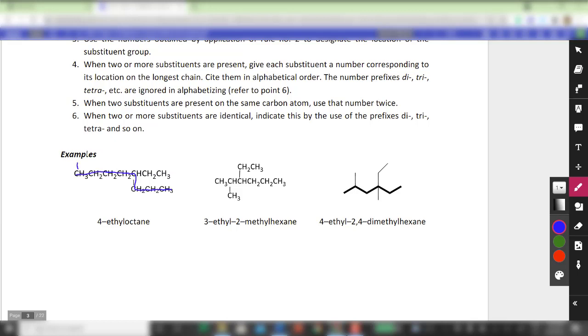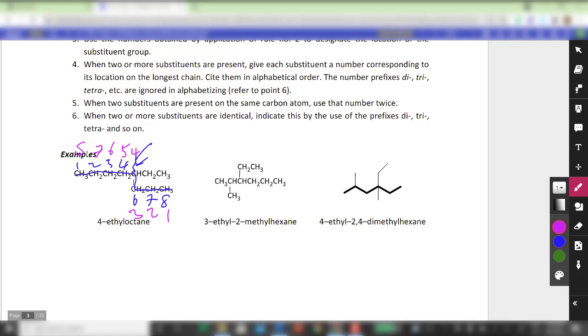So that's 1, 2, 3, 4, 5, 6, 7, 8. That's 8 carbons in total. If I number it from left downwards to the right hand side, the branch portion will be carbon number 5. But if we go the other way around, that's 1, 2, 3, and then 4, 5, 6, 7, 8. So that's carbon number 4.